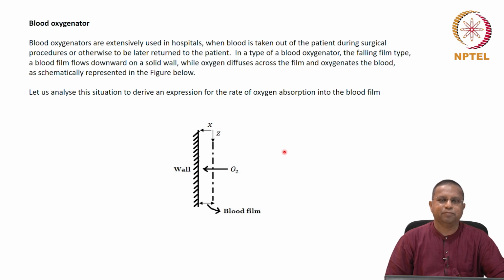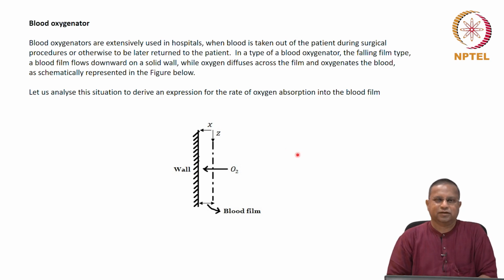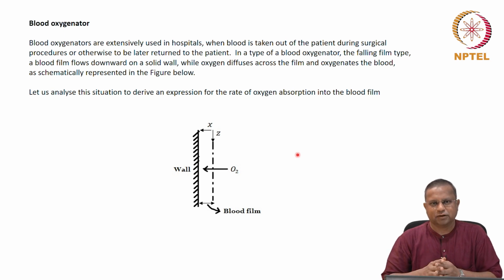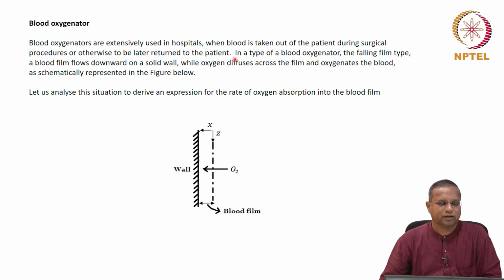Let us again pose a problem of definite importance to us, especially in these COVID-19 times, when one of the difficulties caused by the virus seems to be the stripping away of heme from the hemoglobin, or it seems to destabilize hemoglobin, and that seems to cause a lot of difficulties.